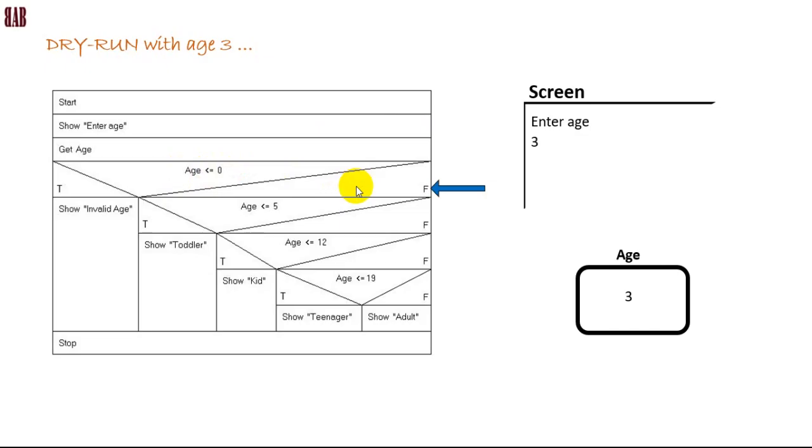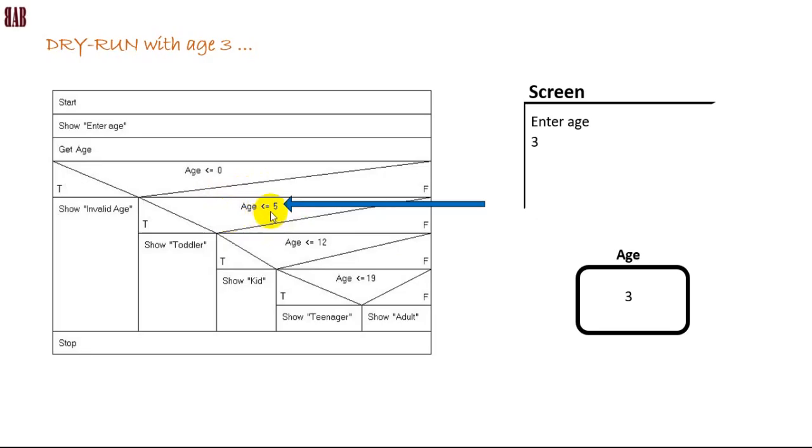In the false side, you happen to have another decision box. That's the next line. Now here we are checking, is it less or equal to 5? Yes, it is less than 5 because age is 3. Not equal, but like I said, if it is less or if it is equal, this is true. That's the way this relational operator works.